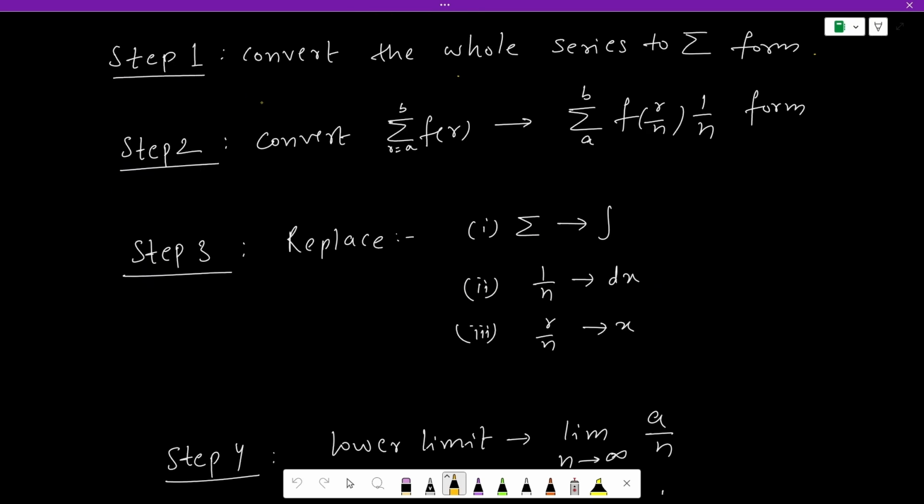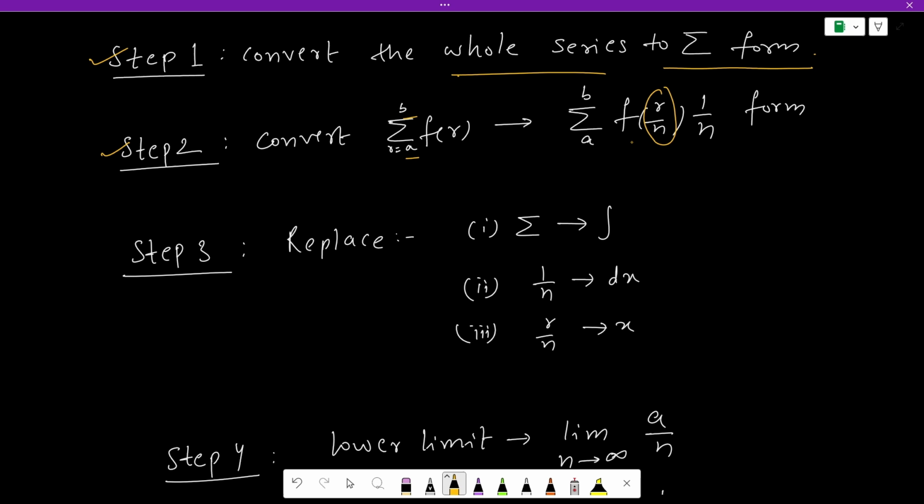Now here I have written all the steps to solve all such questions. So step 1 is to convert the whole series to summation form, right? And we have been doing this for the last many videos, so this is a very easy step. Now the second step is to convert the summation of f of r, from r equal to a to b, into the form f of r by n into 1 by n, right?